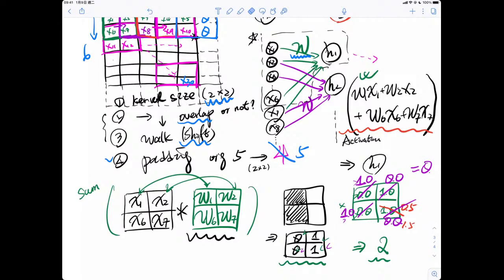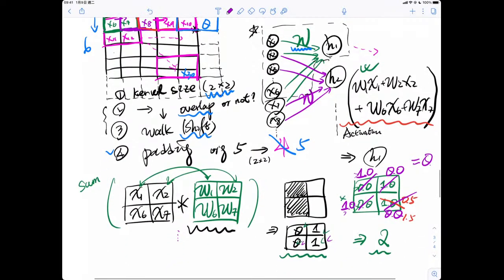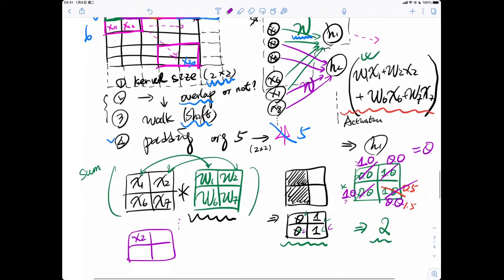So for the next run, the purple one, the input is x2, 3, 7, and 8.